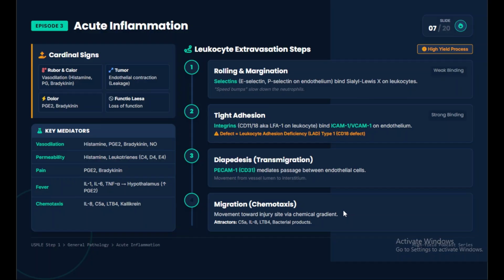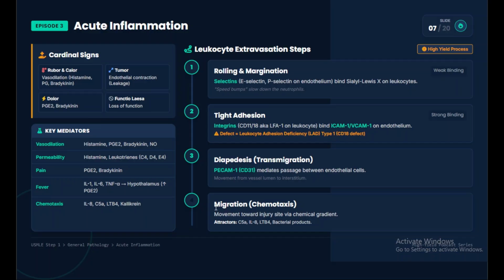The attractors are C5a, IL-8, LTB4, and bacterial products. Keep in mind C5a, IL-8, and LTB4. This is the chemotaxis I was talking about, like a bloodhound following a scent trail directly to the infection or tissue damage.